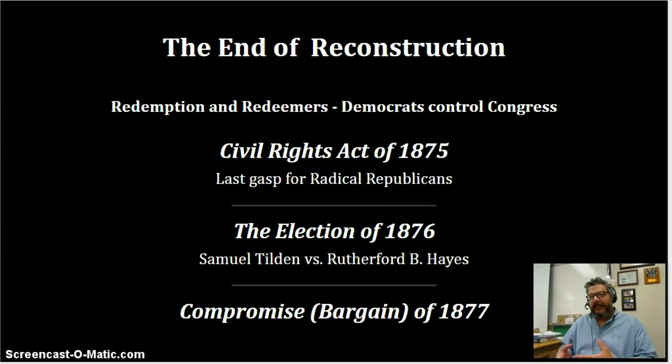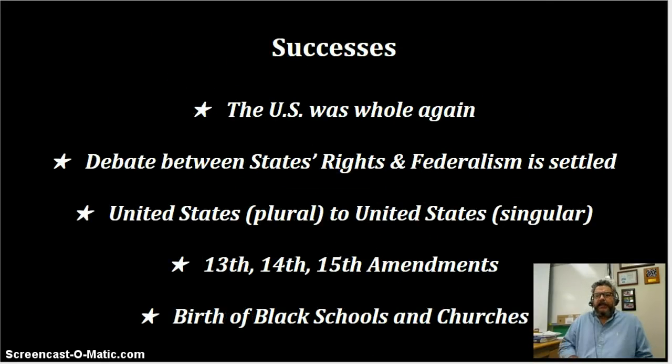By the end of 1877, most of the southern states will come back under the control of the Democratic power, and what we really have is a full redemption of the Old South, with everything pretty much except for slavery in place. So what happens in the wake of Reconstruction?